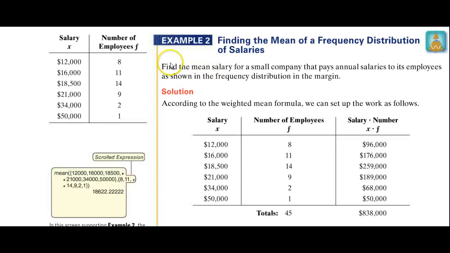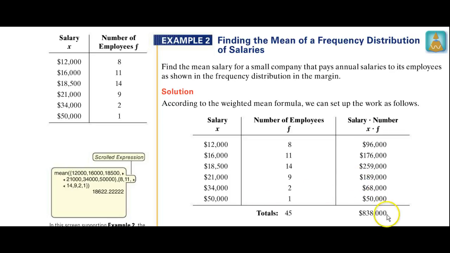And nothing like an example. So in example 2, finding the mean of a frequency distribution of salaries. So we see in the first column the actual salary of individuals. In this column, the number of individuals, and then their total salaries in that category. So here we're multiplying 8 times 12,000 across.